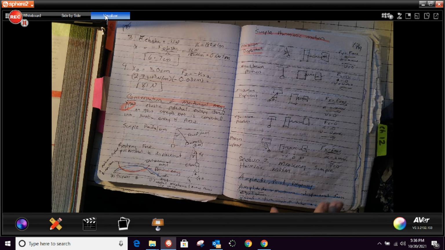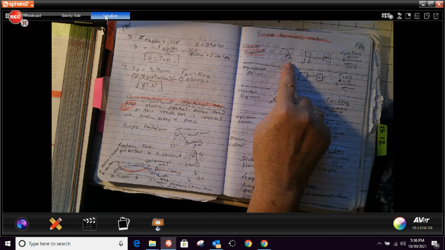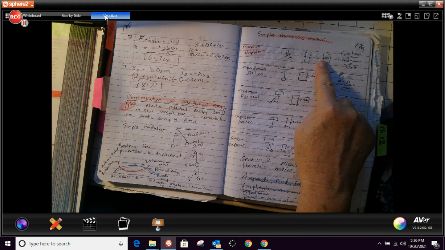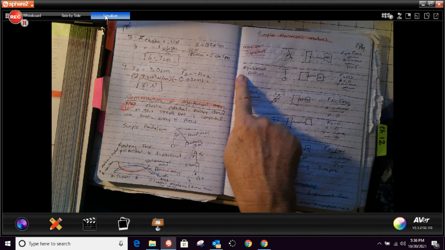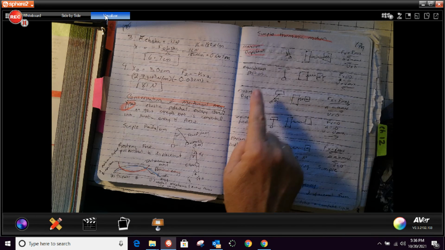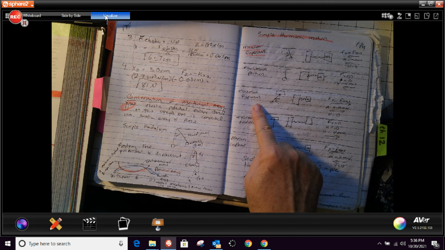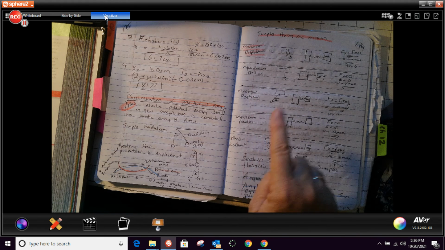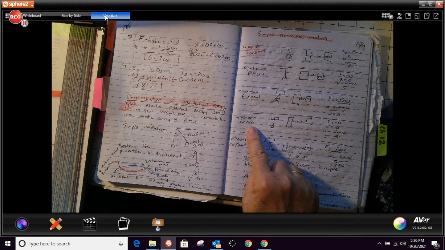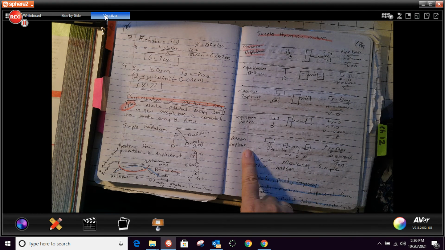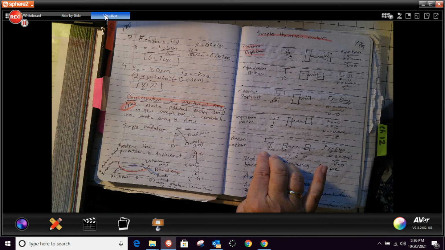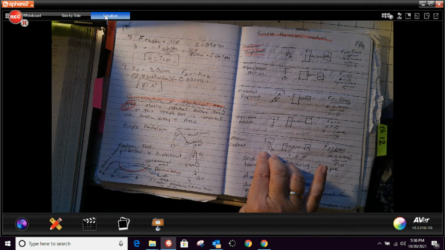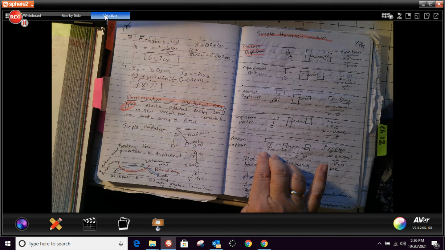And then when we were talking about simple harmonic motion, we were talking about where we have the maximum displacement, we have what's called an equilibrium position, we have a maximum displacement, and what it basically is talking about there is it's giving you the information of something that is moving.